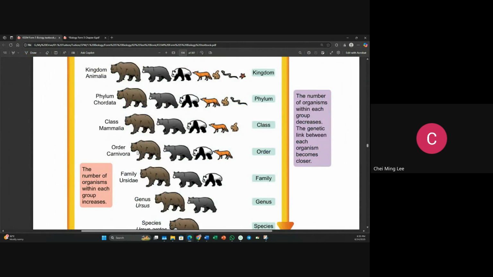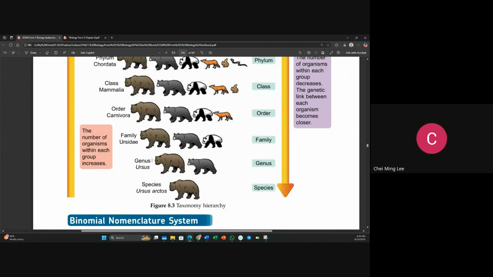From family, you come to genus. Genus has almost the same genetics. Like this one, the bear and the smaller black bear, and species is different already.